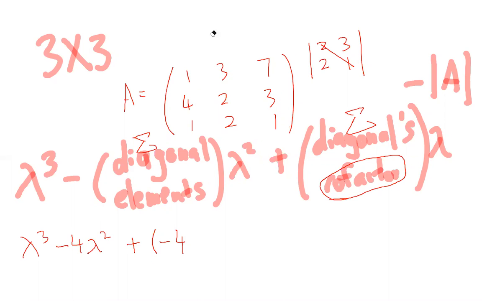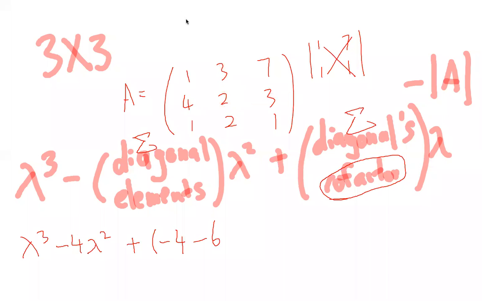Then the second element of the diagonal is like this one. Then I cover the row and column, which leaves 1, 1, 1, 7. Then again I count the determinant of 1, 1, 1, 7. So 1 times 7 minus 1 is negative 6. Okay.